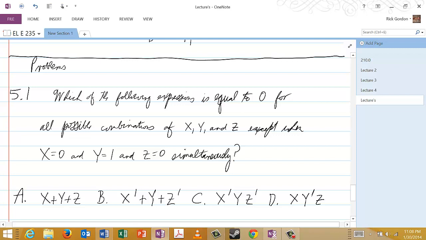X must be equal to 0, and y must be equal to 1, and z equals 0. If those three conditions occur simultaneously, if all three of them are true, then the expression we're looking for is equal to 1. But in all other combinations of x, y, and z, the expression we're looking for must be 0.